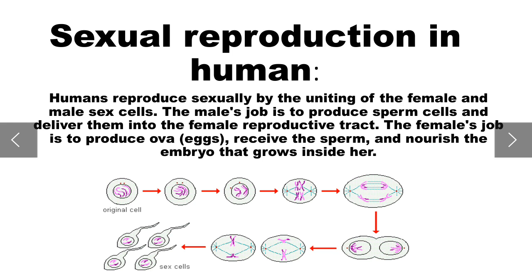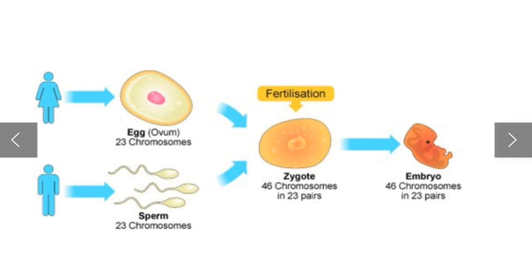For example, the male body has the ability to produce sperm and the female body has the ability to produce eggs. You can see here in the diagram egg and sperm fuse together, fertilization occurs, zygote formation occurs, then this zygote divides and forms many embryos.